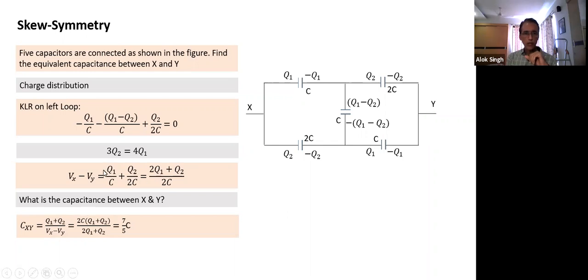I express Q1, and Vx minus Vy is substituted with these 2 values. So 2C comes in the numerator, Q1 plus Q2 divided by 2Q1 plus Q2. Now we substitute Q2 in terms of Q1. Both the Q1 terms in the numerator and denominator will cancel out. I get a value of Cxy as 7 by 5C.